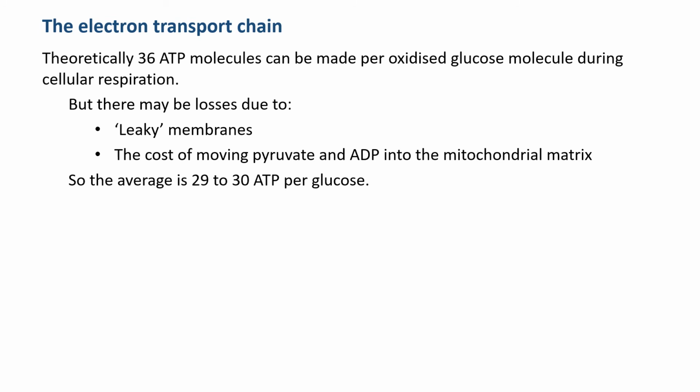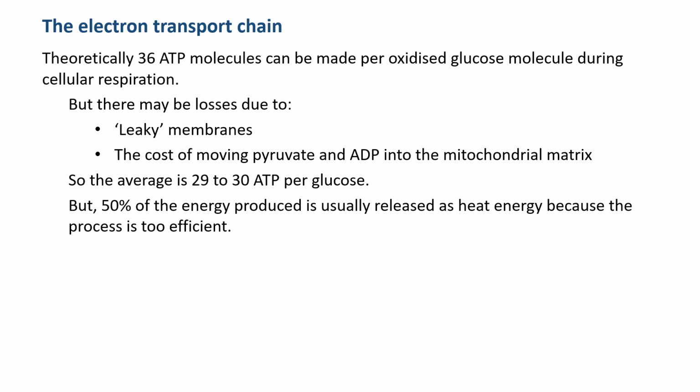So the average is around 29 to 30 ATP per glucose. That's a lot of ATP per Mars bar. But actually, because this is so efficient, 50% of the energy produced is usually released as heat energy.